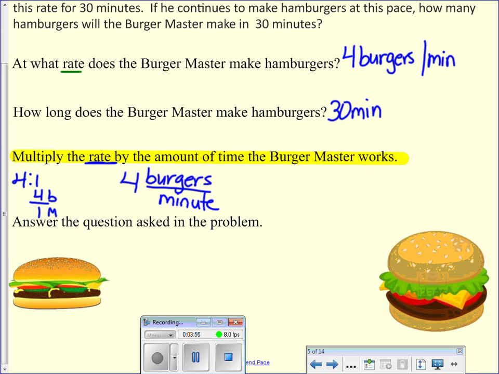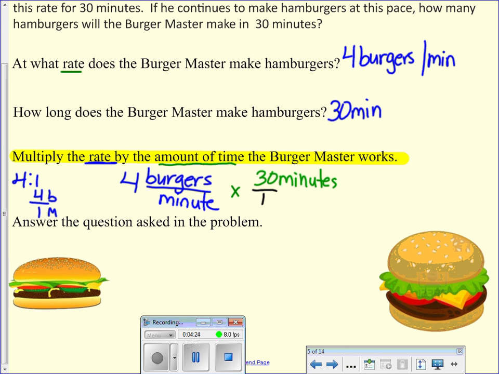So that's the rate. Now I have to multiply it by the amount of time. So what is the amount of time? 30 minutes. Didn't we just say a whole number can be written as a whole number over 1? So this looks like I have 2 fractions. This looks almost like multiplying 2 fractions.